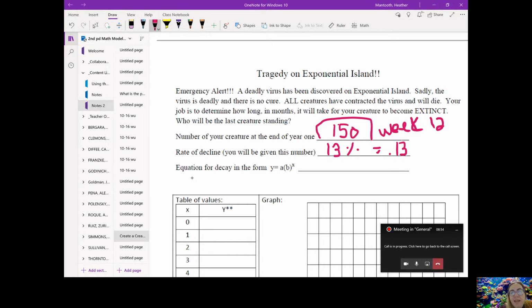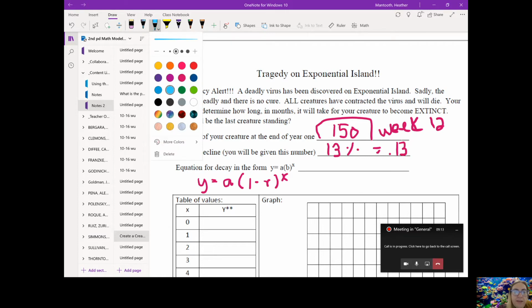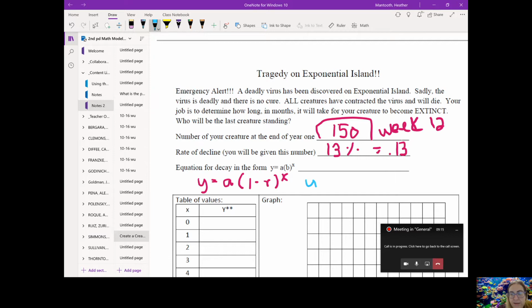And now since our population is declining, we're going to plug into our exponential decay equation. Very similar to the exponential growth, except we have 1 minus our rate of decay in the parentheses instead of 1 plus, because our population's falling instead of growing. And then plugging my numbers in here, I'll grab my blue this time. y equals 150, which remember isn't my actual number.